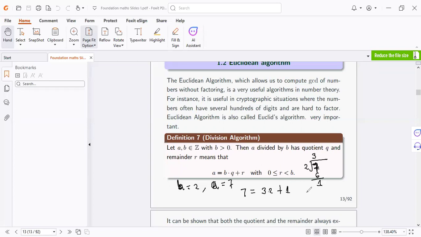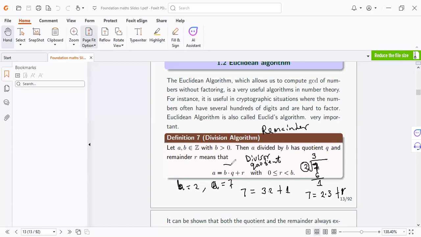So that means 7 can be written as 3 times 2 plus 1. This is the divisor, 3 is the quotient, and 1 is the remainder. So 7 can be written in terms of the divisor times the quotient plus the remainder, and in this case our remainder is 1.